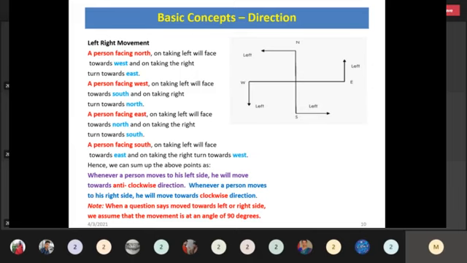That means north to east, or east to south, or south to west, or west to north, of course, the main directions. Otherwise, it will be indicated specifically in the problem, for example, north to northeast, where we assume it is a 45 degree rotation. Otherwise, when a question says move towards left or right side, we assume that the movement is at a right angle of 90 degrees.